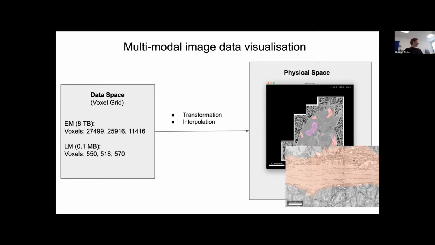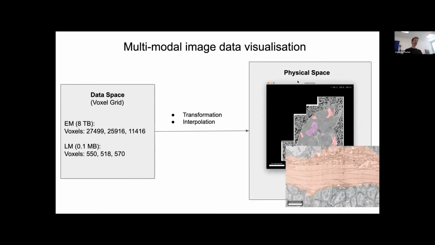And that means, for example, that in the classic ImageJ viewer, you could not show them on top of each other. It will complain that they don't have the same size, because the ImageJ viewer is sort of a voxel grid philosophy viewer. But BigDataViewer actually has a different philosophy.